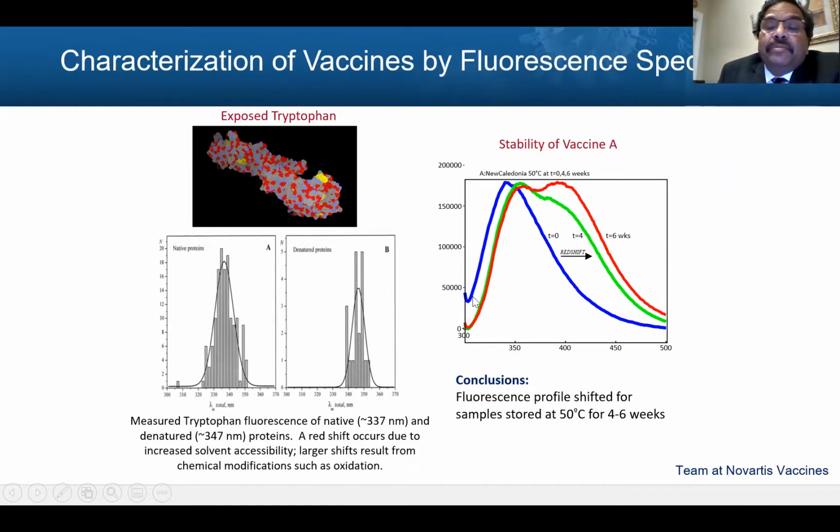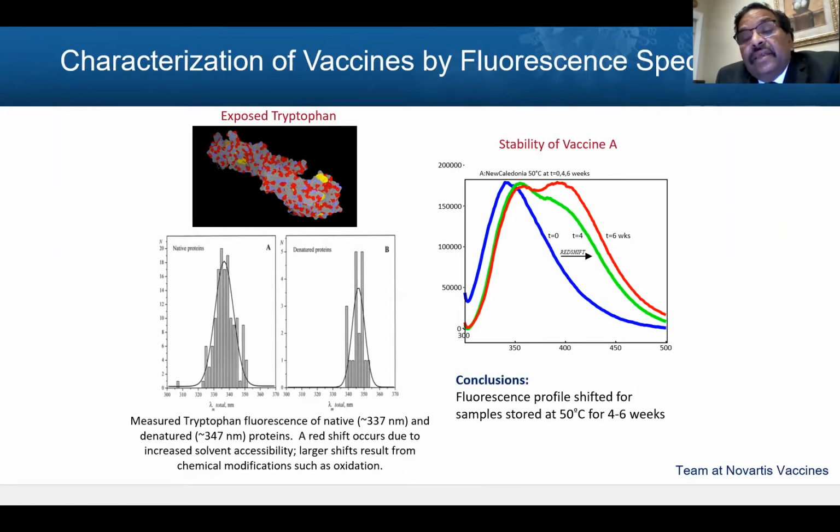Here is an example. The blue line, this is the vaccine at time 0. And then it is 4 weeks and 6 weeks at 50 degree storage. You can see that the spectral profile has started changing from 357, 358, or 360, and then it is really going more to the right-hand side.